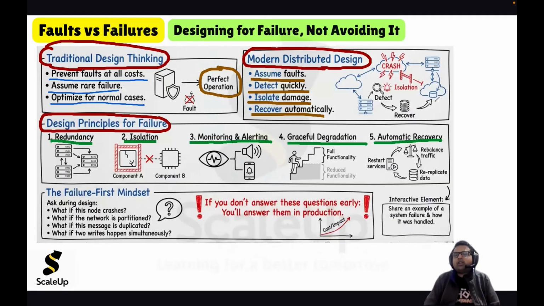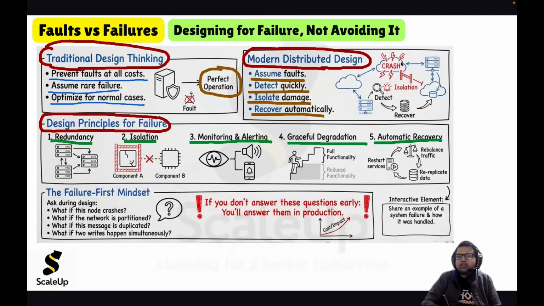And automatic recovery means we should re-replicate data, restart services, and rebalance traffic. If something goes wrong, since backup nodes are always in place, we should be able to make use of them.